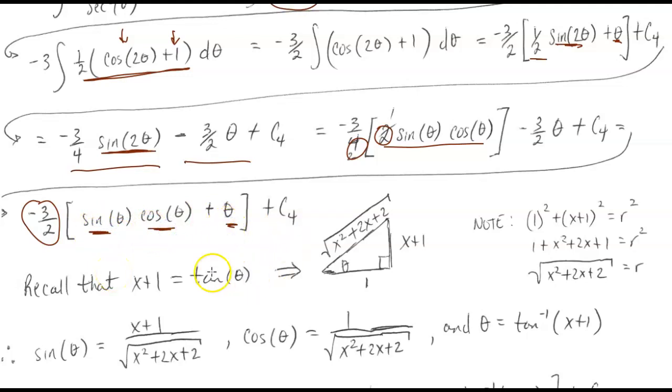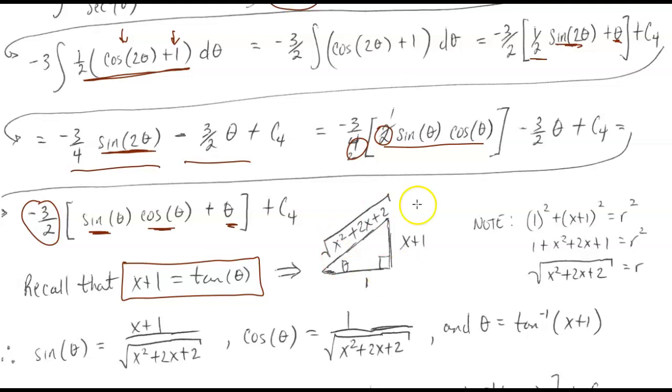And if we remember that our tangent theta was equal to x plus 1, then we can use the whole trigonometric substitution approach that we use whenever we deal with those types of integrals.